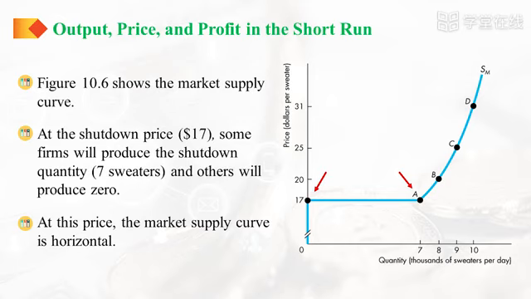this kind of market supply curve in the short run in 10.6. Point A is the shutdown point. At the shutdown price of $17 per sweater, some firms will choose to shut down and others will choose to produce a quantity which is 7 sweaters. So it's a horizontal line.